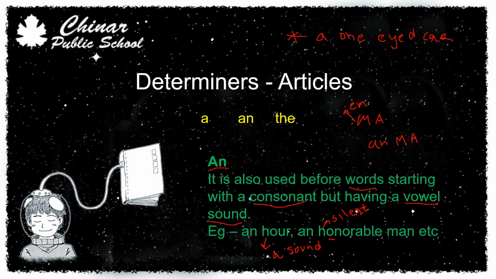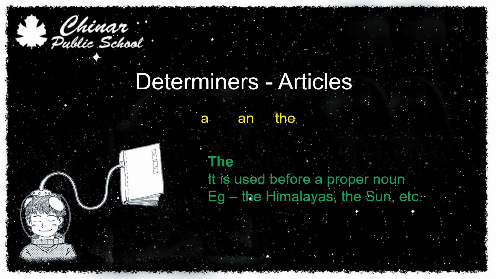Here university is starting with U, but the sound is starting with Y. Y-U. So university. So we use a before it. I hope now A and an must be clear.